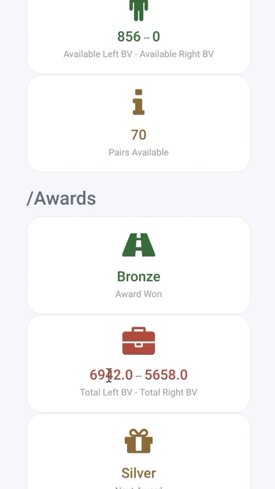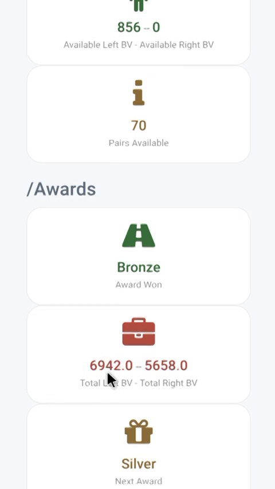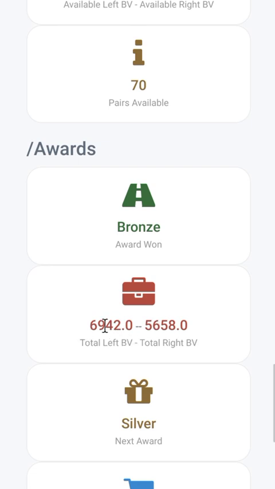At least the lesser leg PV needs to be up to 11,000. So checking this particular award PV here, it shows that this place is still far. Yes, it's still far. So now, to know how many PV is left for the right leg, that self-help service will in fact show you everything there. But you can still do your calculation here.